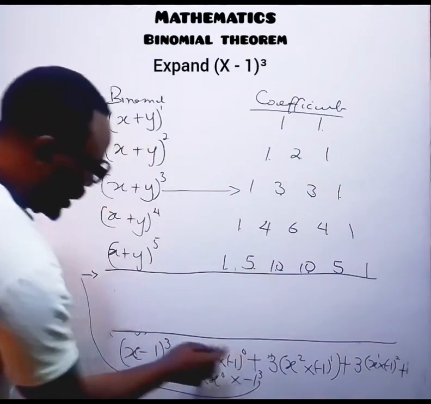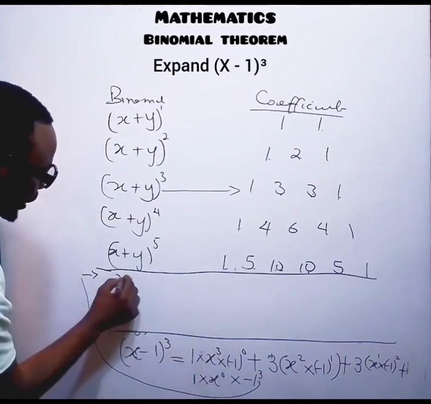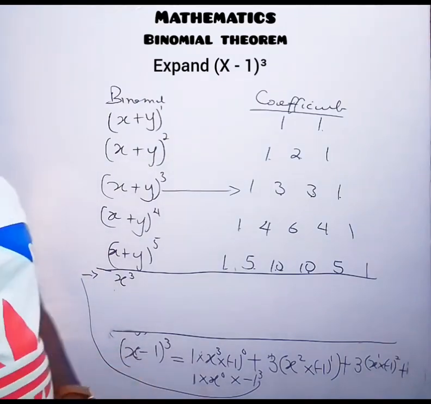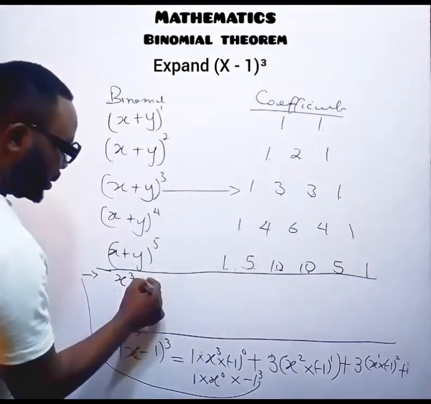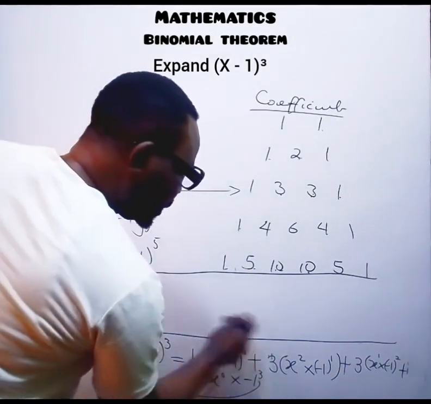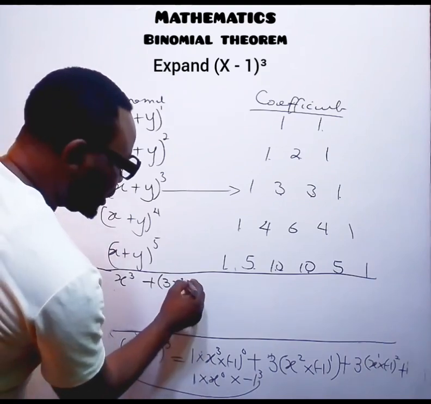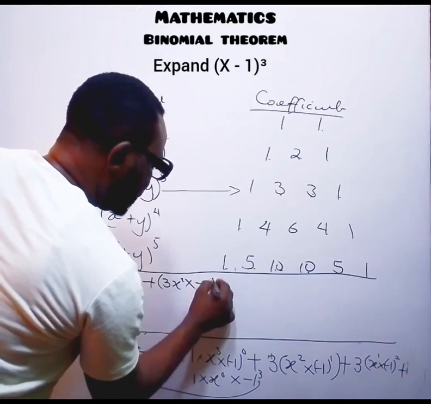Now, solving it further, I'm going to have 1 times x raised to the power of 3, that will be x raised to the power of 3, minus 1 raised to the power 0, that will be equal to 1. So, I do not need to put anything there. Plus 3x squared, let's bracket it, multiply by minus 1 raised to the power of 1, that was minus 1.